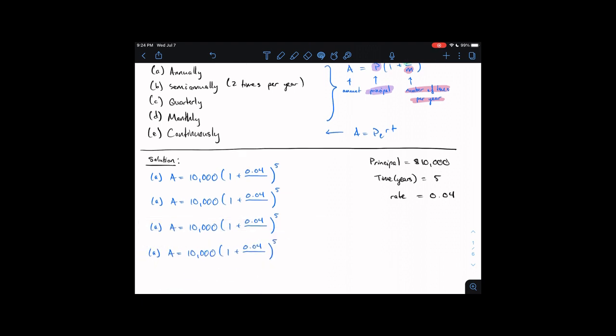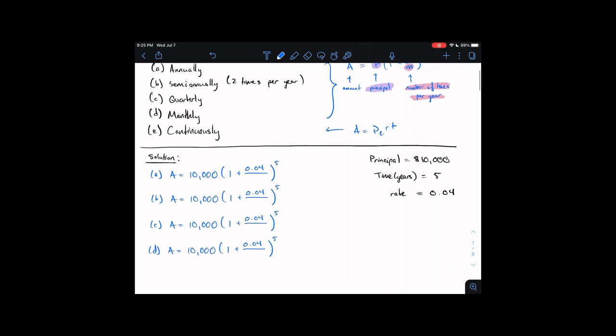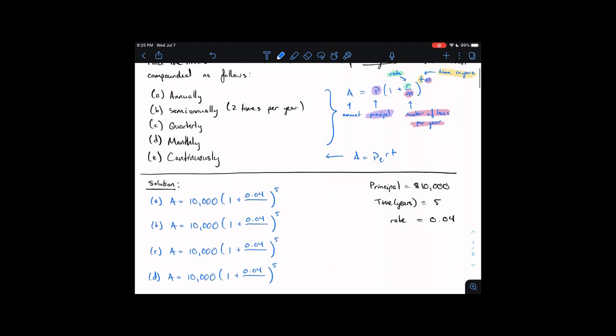Since we know those will all be the same, I'll change the letter. So the rate, the time, and the principal are the same for each of these letters, but the only thing that changes is M, right? That's the number of times we compound per year.